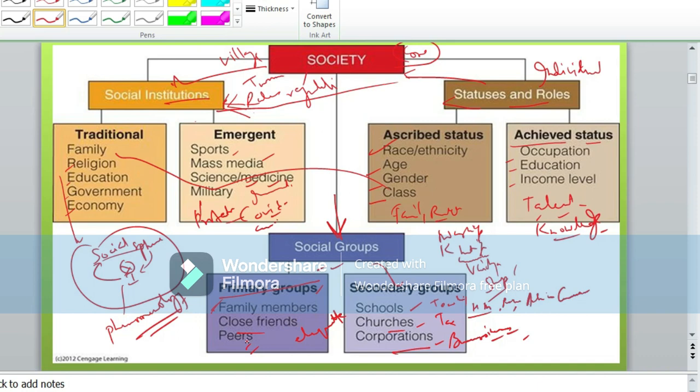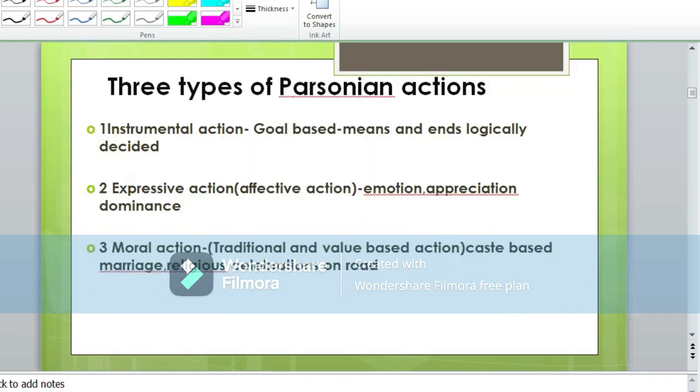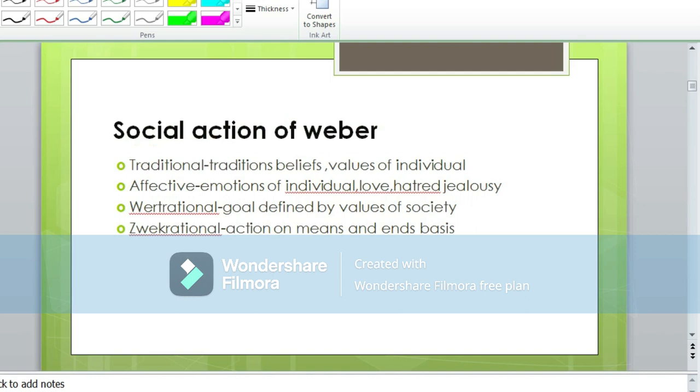Now let us discuss one of the important thinkers who defines these activities in terms of actions. So Max Weber says that an individual will take action on the basis of traditional values.